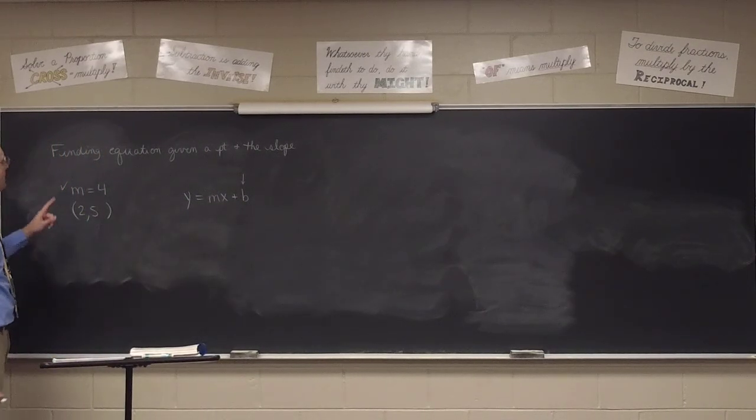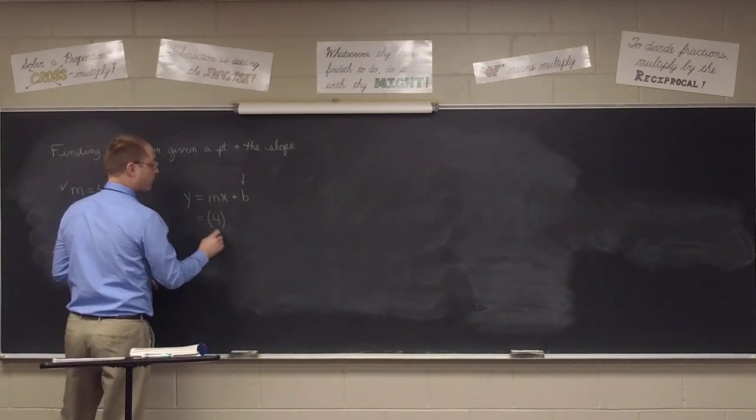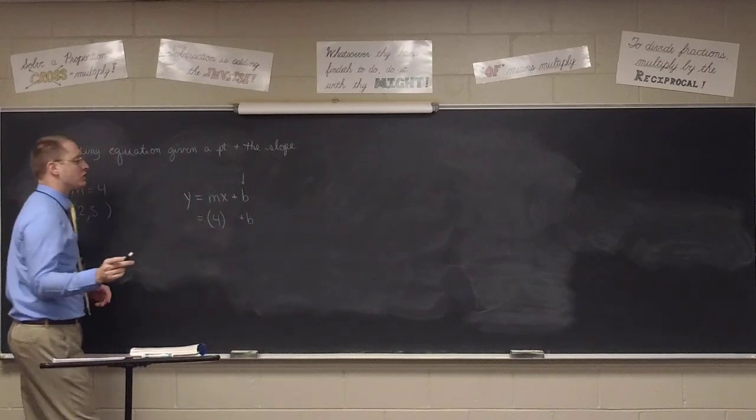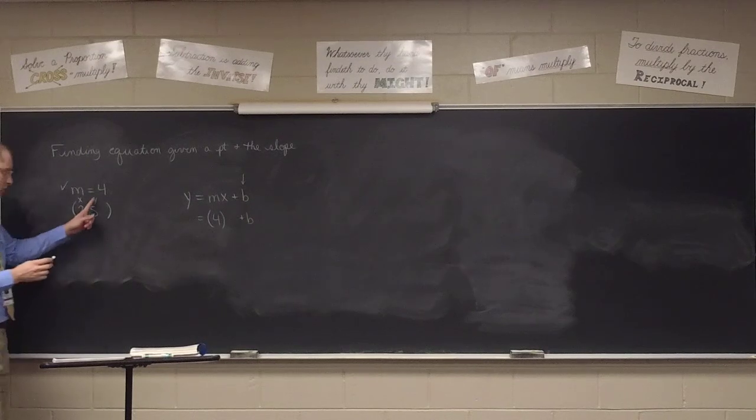Here's the deal. If you know the slope, then I know that m can be replaced with a 4. The question is, what do I replace y and x with? Well, you have a point, right? That's a set of coordinates, right? That's an abscissa, or that's an x and a y. So what do you think I'm going to put where it says y, class? 5, because that's y.